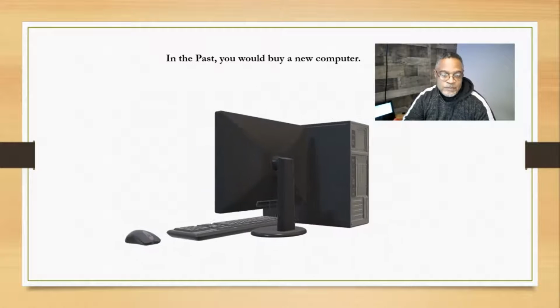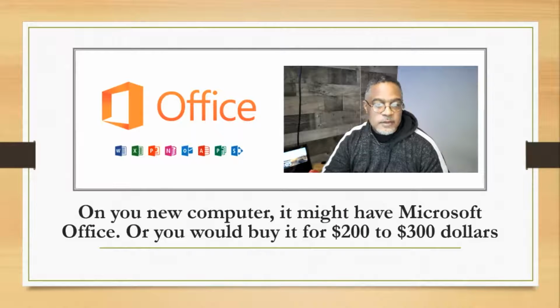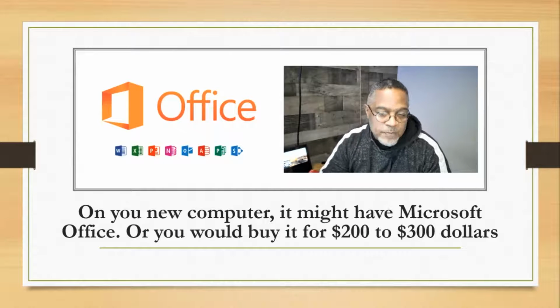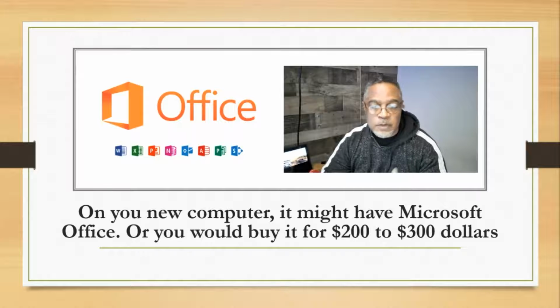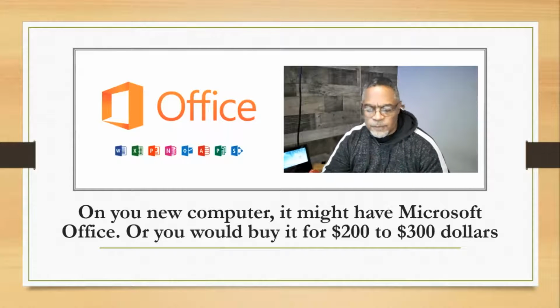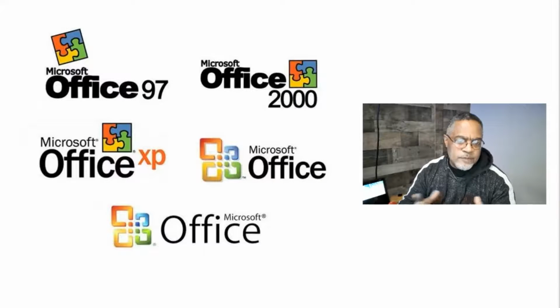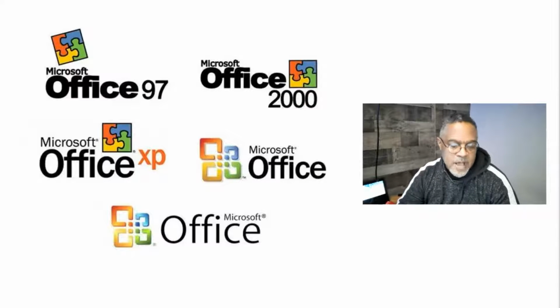From there, you might have purchased a copy, or the computer came with a copy of Microsoft Office, or you went and bought Microsoft Office for about $200 or $300. And there'd be different versions that would come every 3 or 4 years: Office 97, Office 2000, Office XP, and this would be a little cycle.